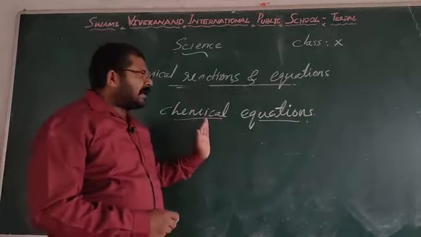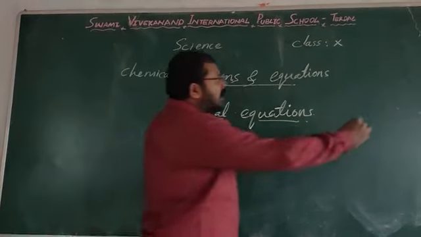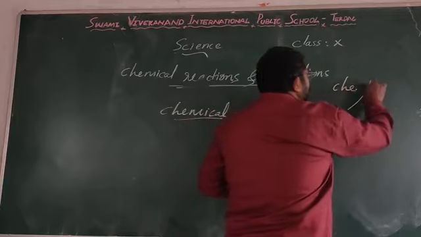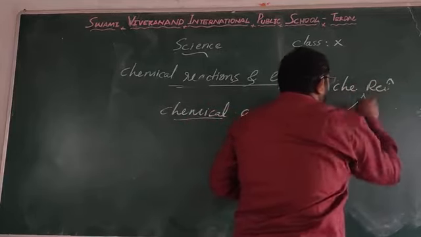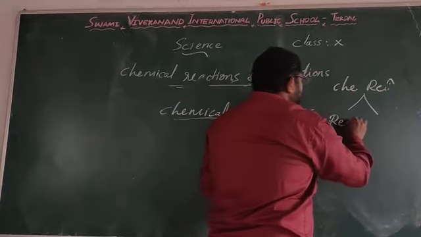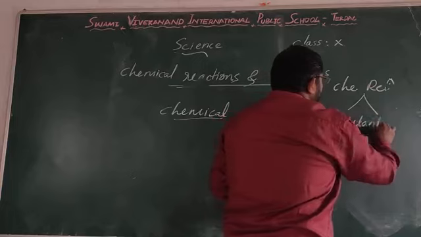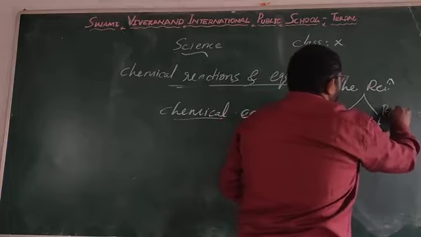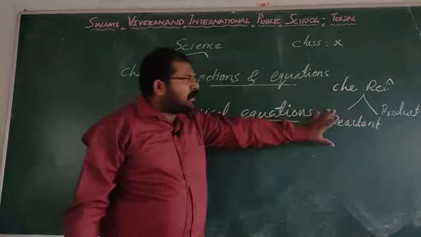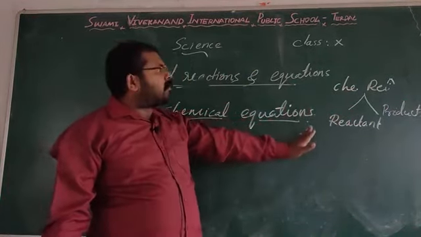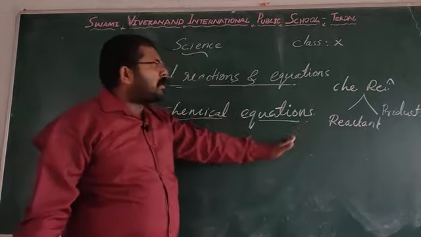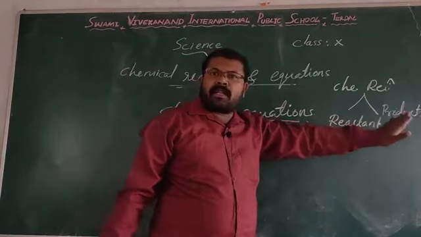The first one is the reactant side and the second one is the products. I hope you already know what we mean by reactant and what we mean by product.